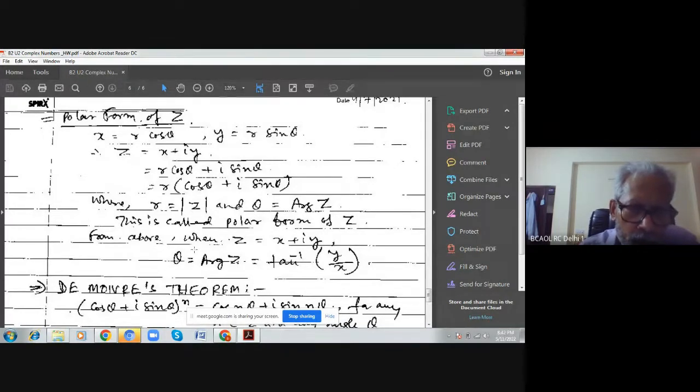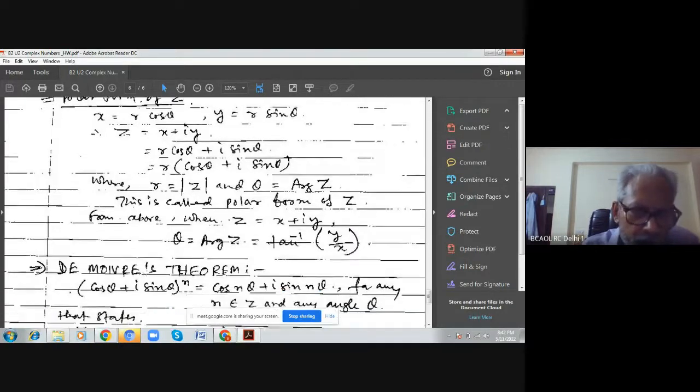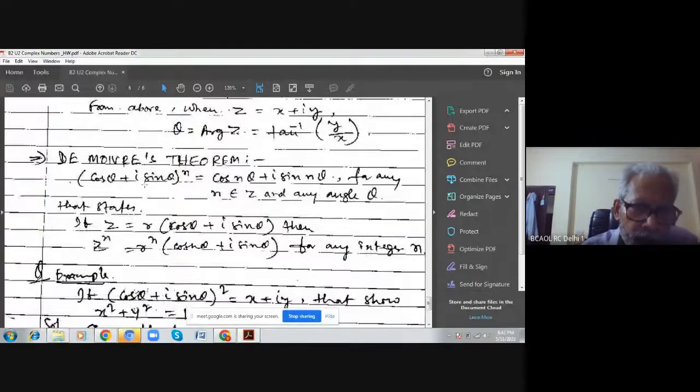So you have to derive the angle also. Now there is an important theorem. It may come in theory or in an example also. As per this theorem, (cos theta plus iota sin theta) to the power n you can derive in this way, and only this you have to remember: cos n theta plus iota sin n theta.